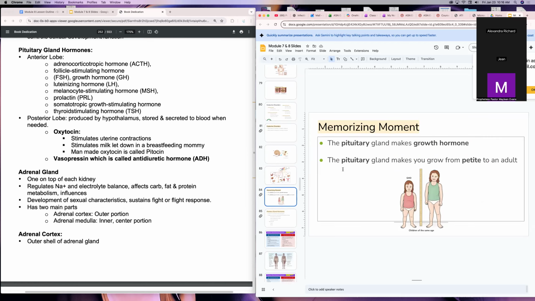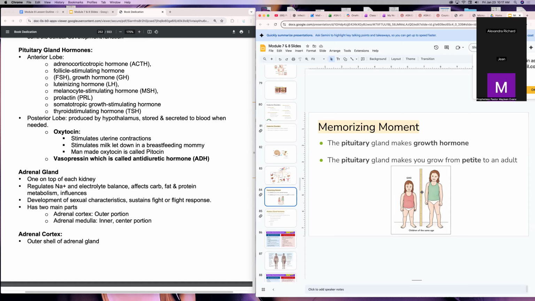A memorizing moment: the pituitary gland makes growth hormone. Okay? So when we take a look at what happens when an individual has growth hormone deficiency, or GHD, we can see that these children are the same age, but the child in the green shirt has a normally working pituitary gland and normal levels of growth hormone.